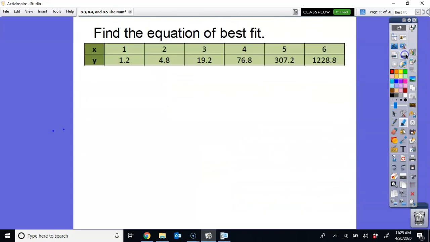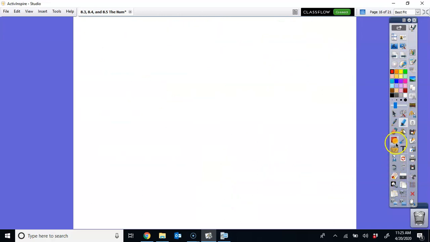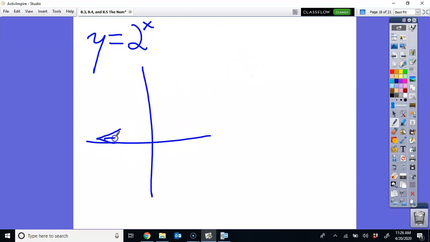One more tiny thing I want to mention is about the graph of a logarithm. I'm not going to actually graph one, but because exponentials and logarithms are inverses of each other, if you have y equals 2 to the x, we did that one earlier. That's an exponential growth function that looks like this with an asymptote across the bottom.